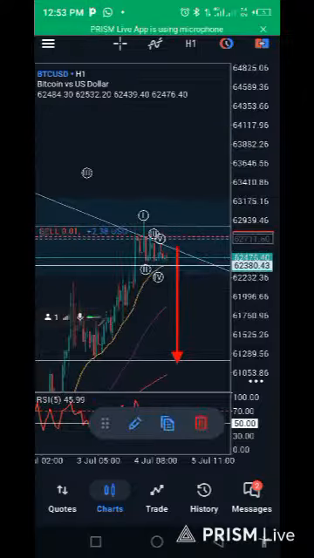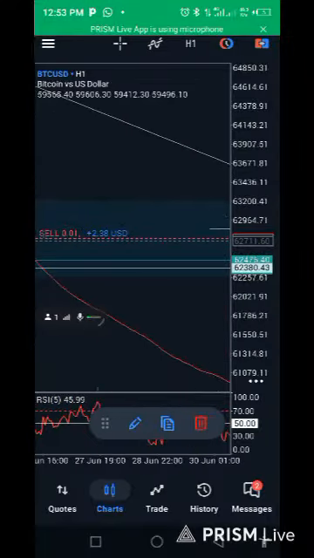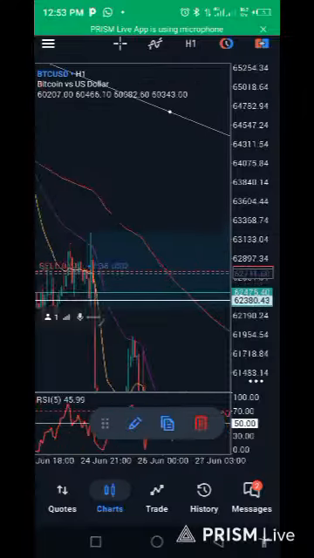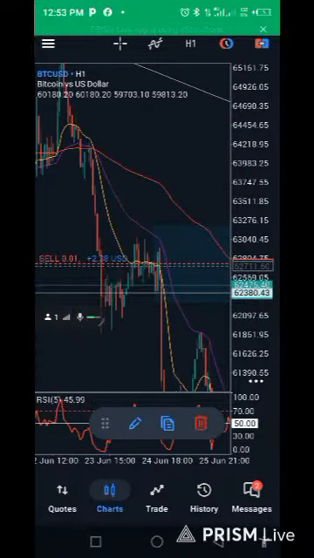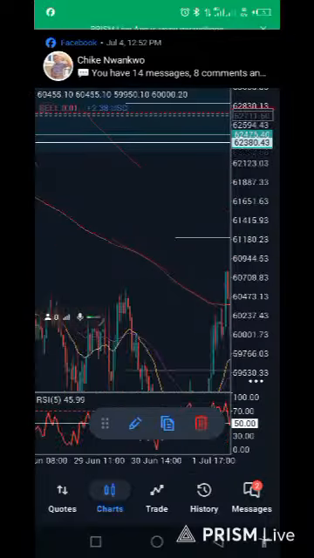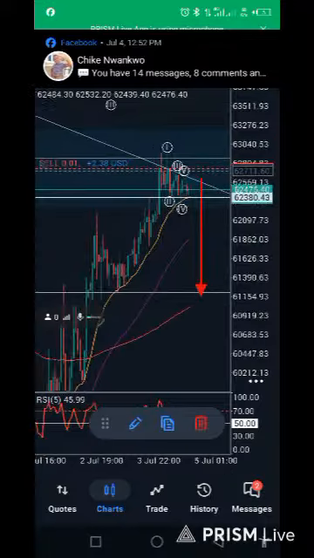It's bearish here, where it stopped and where it started reversing from. There is a supply zone there to sell. There is a demand zone to sell there. So the trend is actually a downtrend on BTC USD. It's a downtrend, it's a bearish movement.